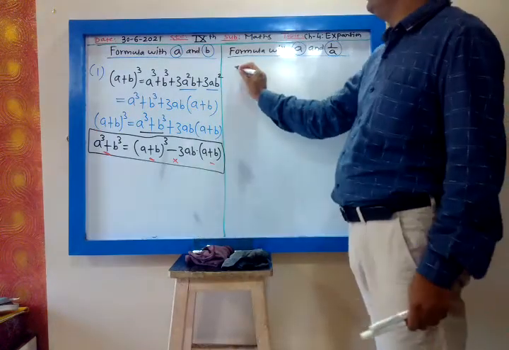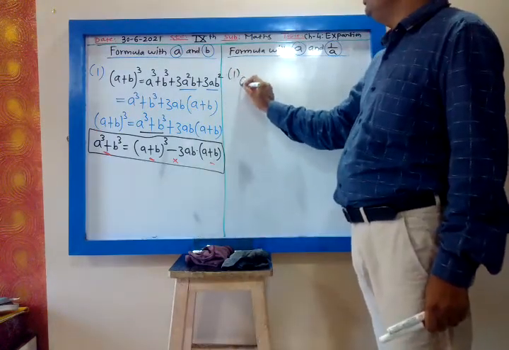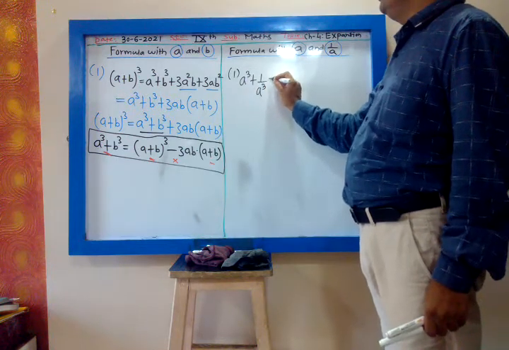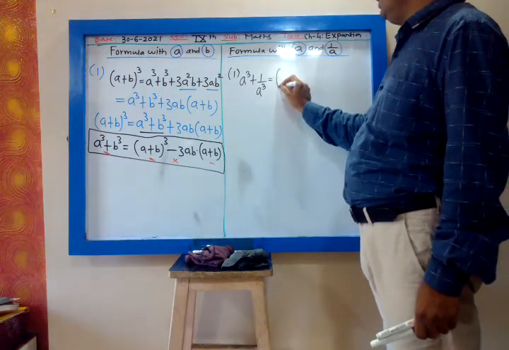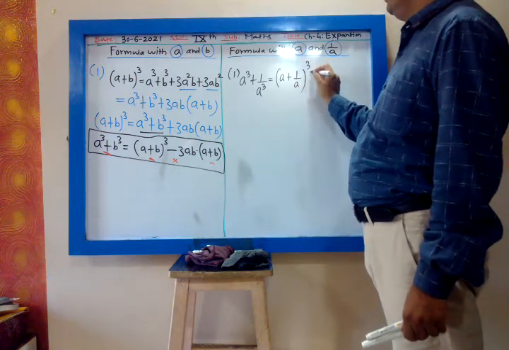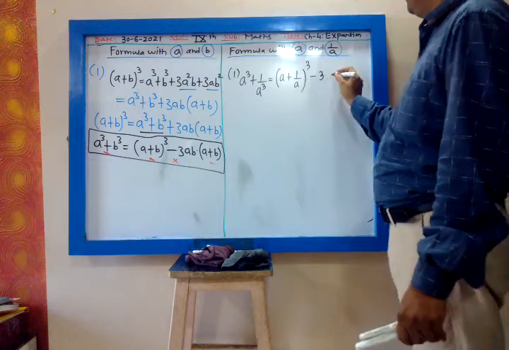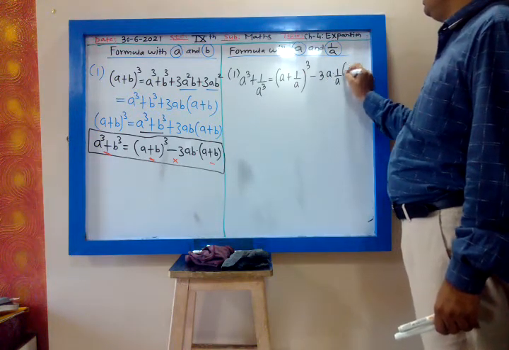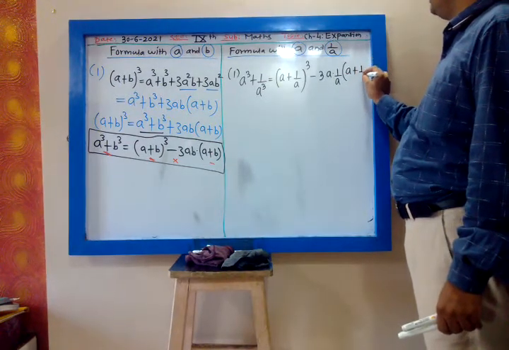The same formula we can derive for a and 1/a. What is that? a³ + 1/a³ will be (a + 1/a) whole cube minus 3ab, where b is 1/a, into (a + 1/a).